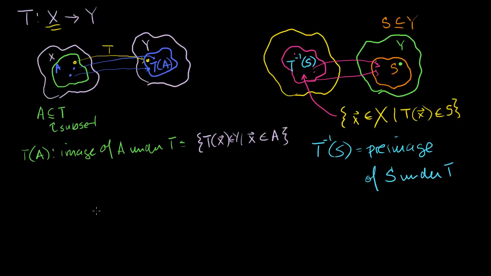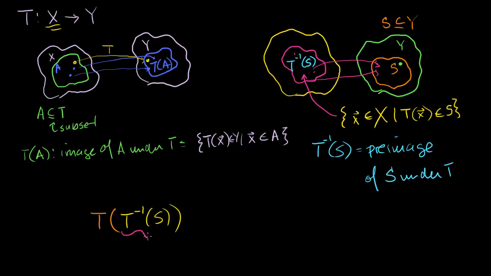What is the image of our preimage of S under T? So if we take this guy, this is essentially the image of this guy right here, right?